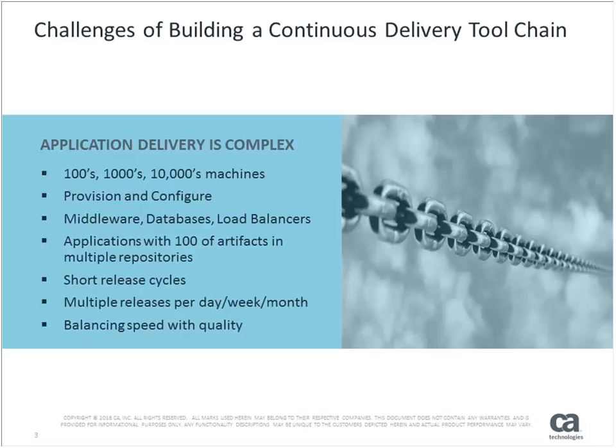One of the main challenges when building a continuous delivery tool chain is that application delivery is extremely complex. You have hundreds or thousands of machines provisioning, you have middleware, and you have applications with hundreds of artifacts that you need to bring across from multiple repositories.